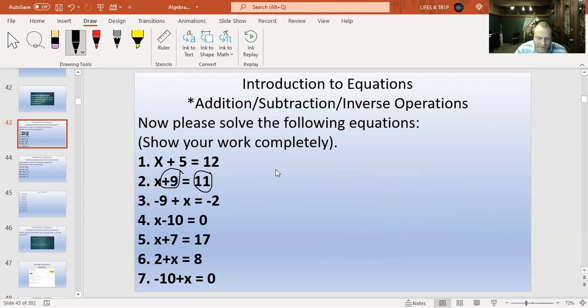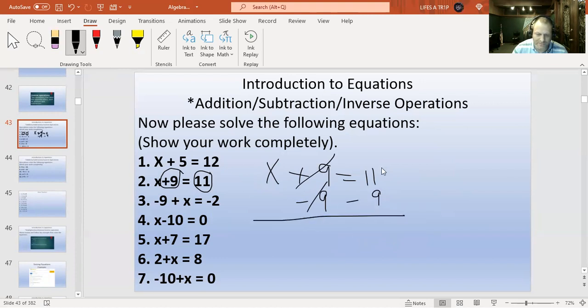But let's go ahead and solve it, because I want you, homeschoolers, to write the problem down, show your work, and give me the answer. x plus 9 equals 11. Elimination method. To get the x by itself, we're going to eliminate. And what you do to one side, you do to the other side of the equal sign. x equals 2. That's your answer for number 2.